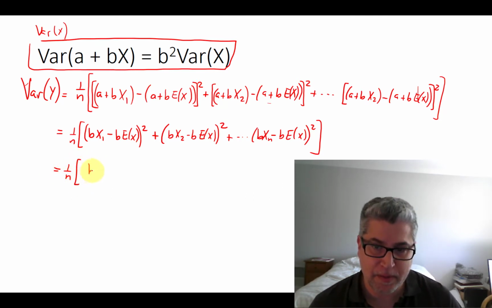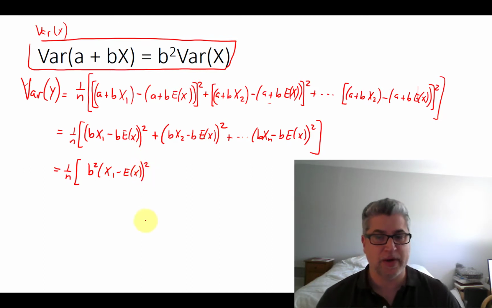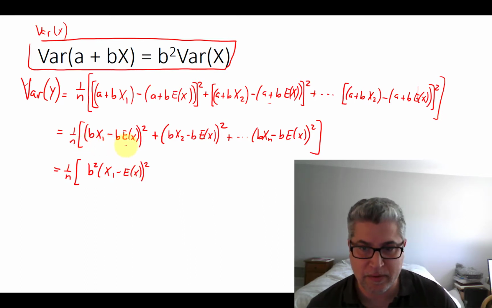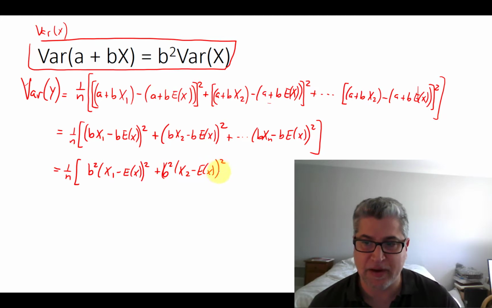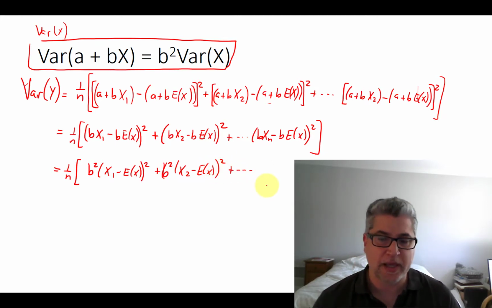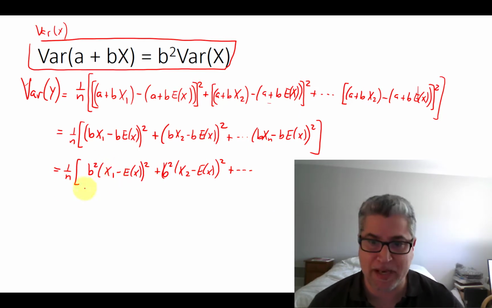We would have b squared times x1 minus the expectation of x, squared. Okay, we can do that here. And then we would do that here. Oops, b squared times x2 minus the average of x, and so forth. Maybe I skipped a step here.